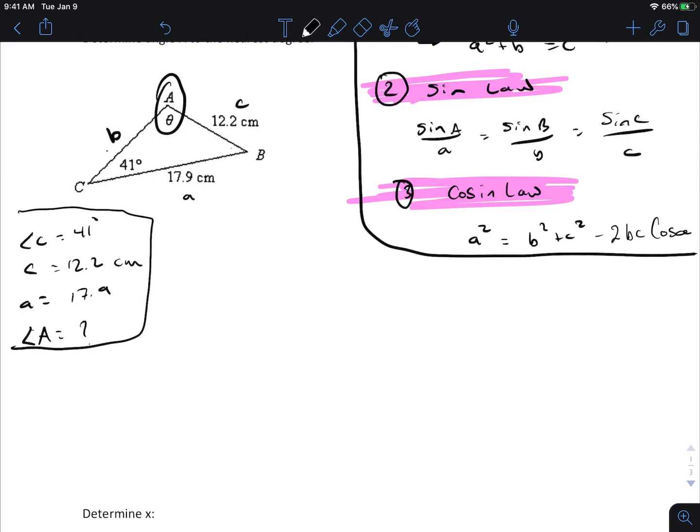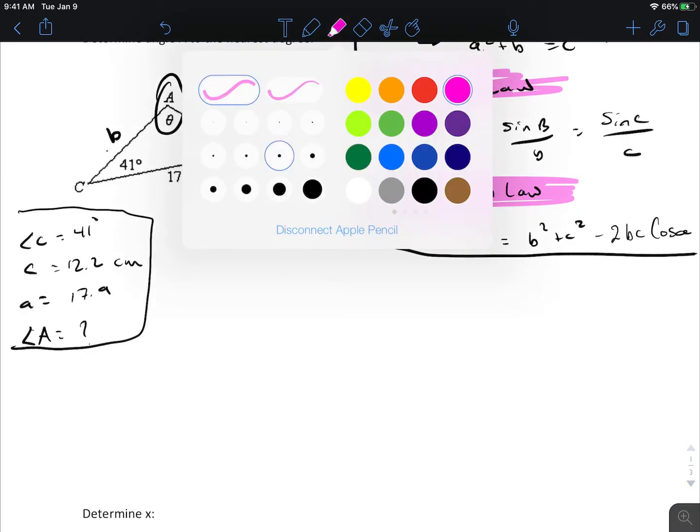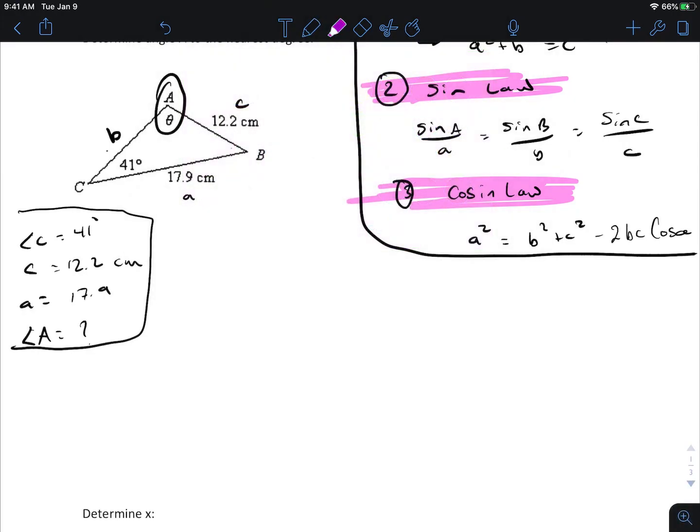Let's just jump over here for a sec. I'll highlight this. Angle C is 41 degrees. I'll highlight these so that you know where they go. I can put that right here inside the sine.